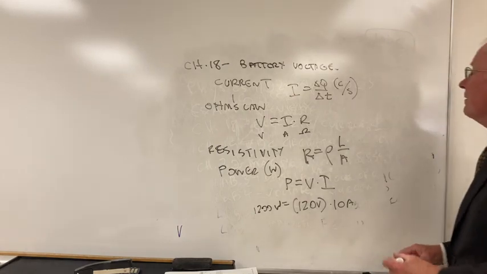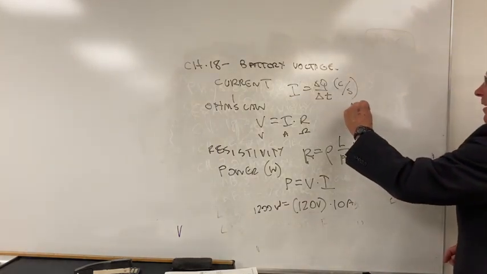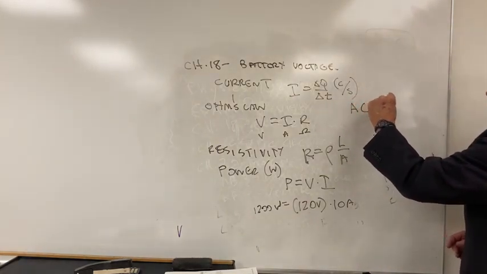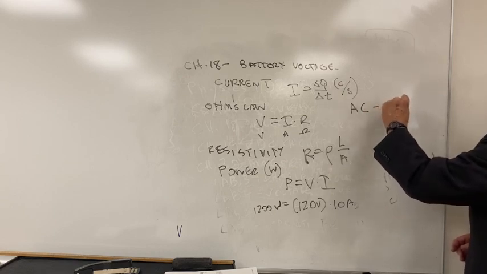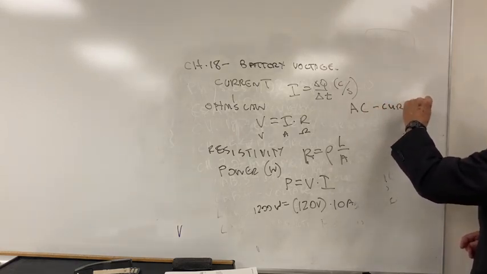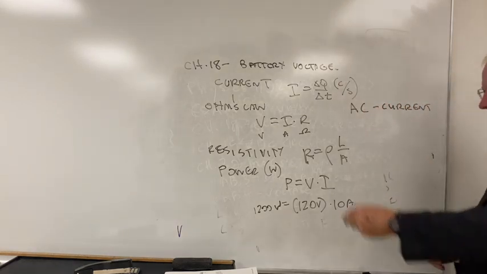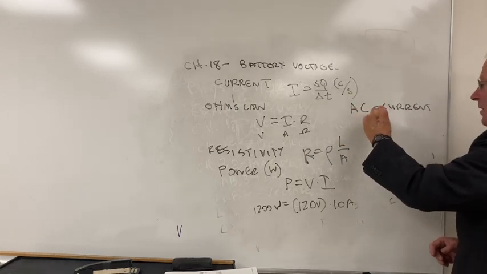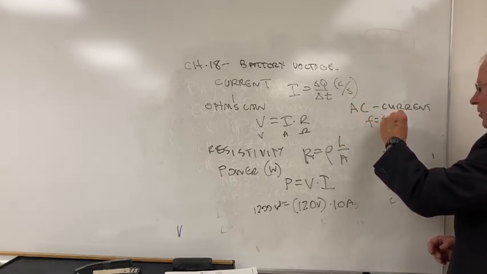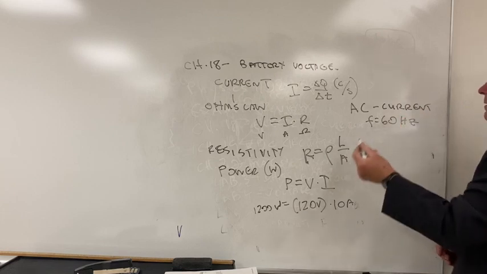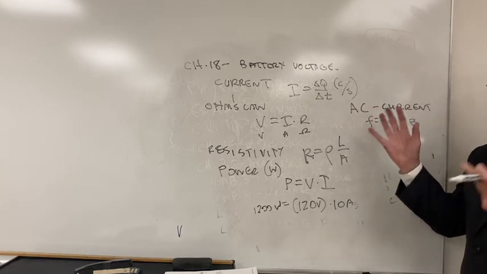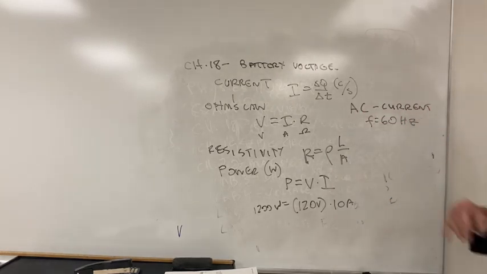All right. A little bit on AC current, alternating current, which for household circuits oscillates with a frequency of 60 hertz. That's what we use for everyday household use, is AC currents.